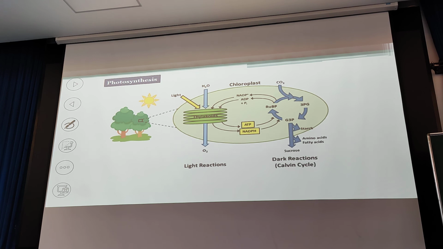Photosynthesis is the process where the plant takes the energy from the light and converts it into chemical energy found in two chemicals which we call ATP and NADPH.